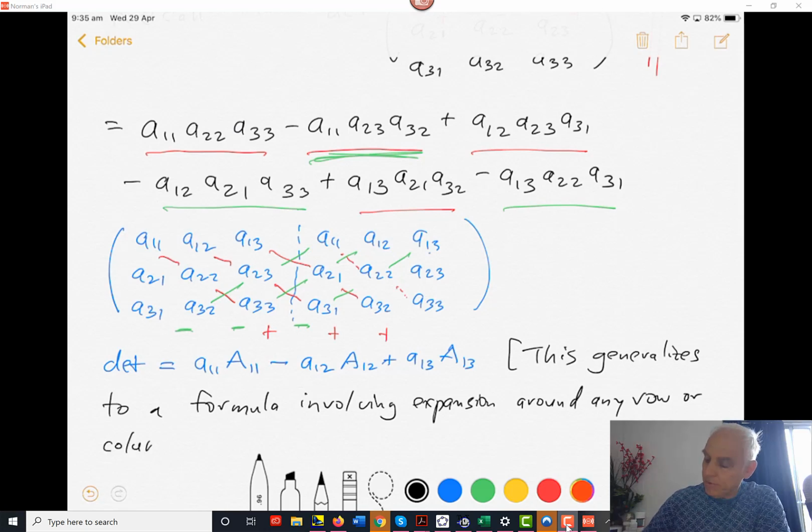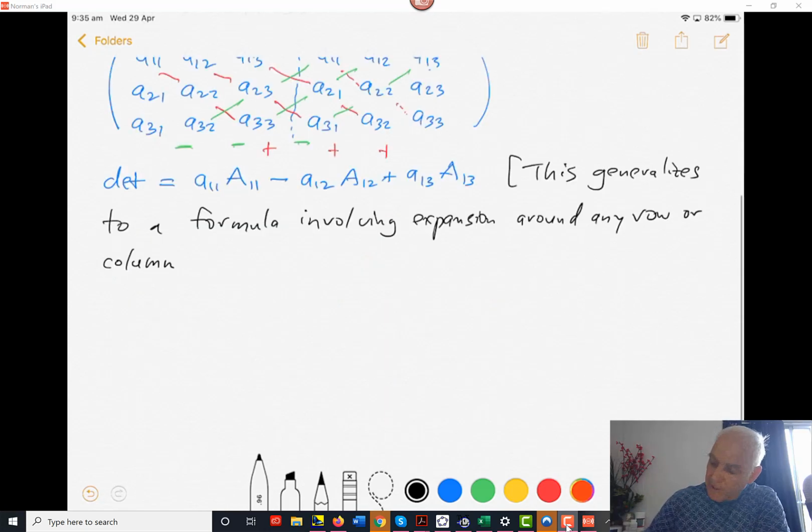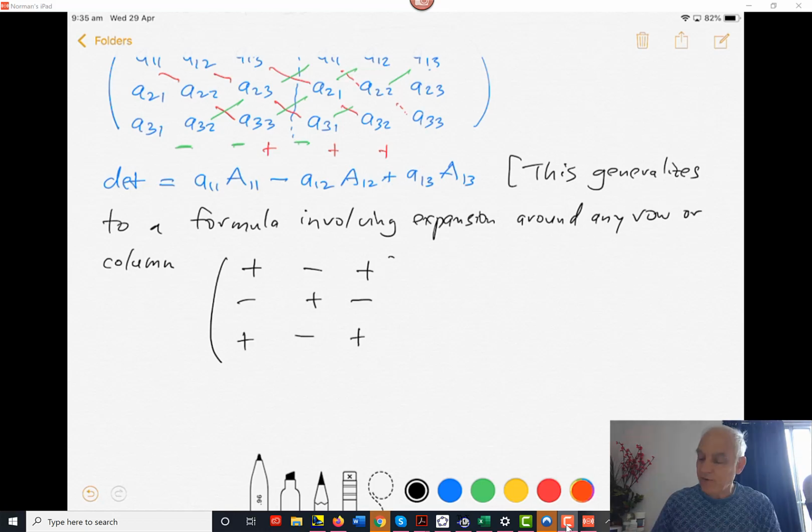And to figure out what the signs are, you just have to remember this checkerboard pattern. Just like a checkerboard has white and black squares, so we alternate plus and minus signs along this determinant. And this is the 3x3 story, but in fact it works for a general n by n. Okay, so it works for the n by n case just as well.